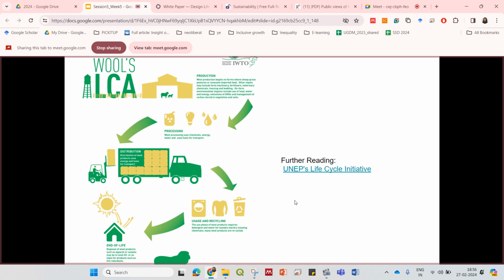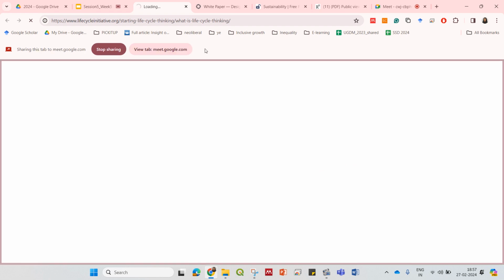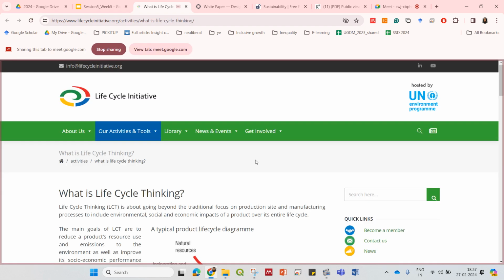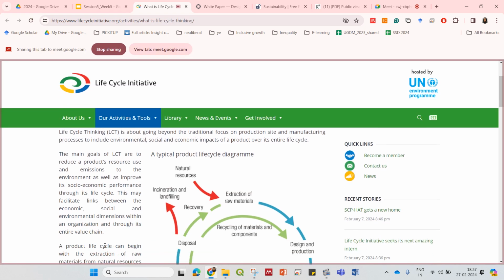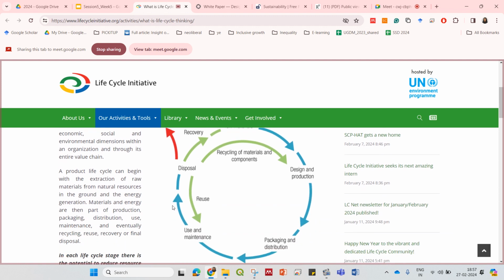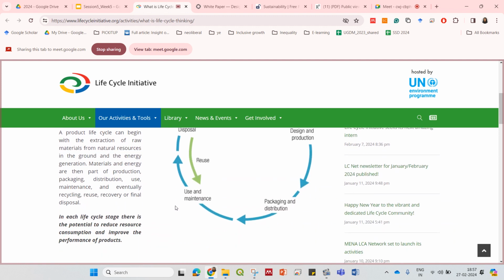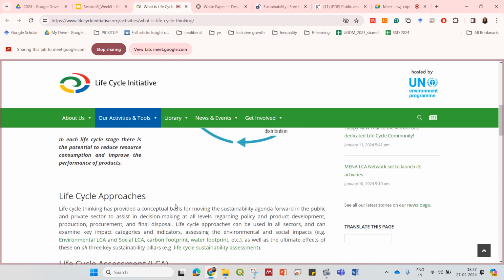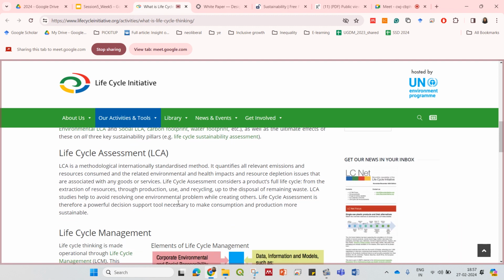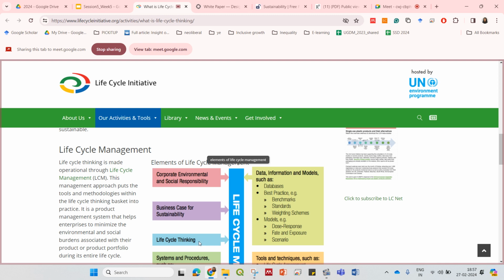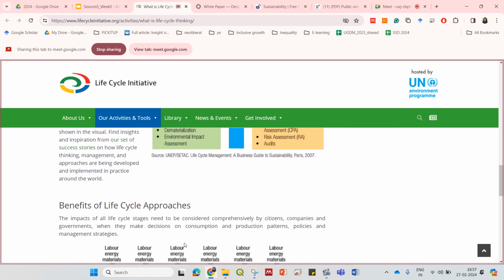If you want to see more examples of life cycle assessment or how you can do it, I have linked an important resource here, which is the UNEP's Life Cycle Initiative. If you go to this page, you can read about life cycle thinking, how you can think along the LCA lines for each product, what approaches you can follow, and how life cycle management for different kinds of products can be done.